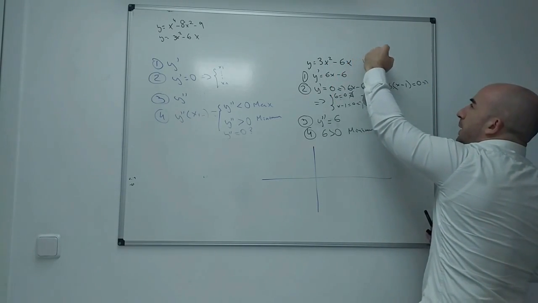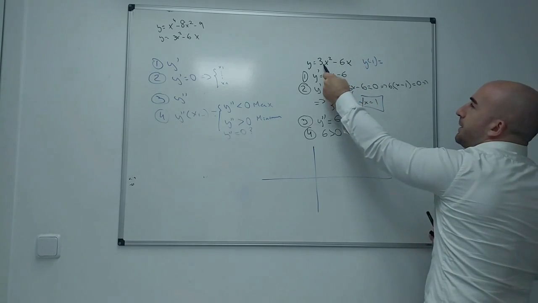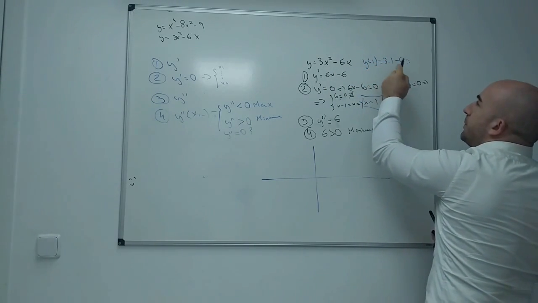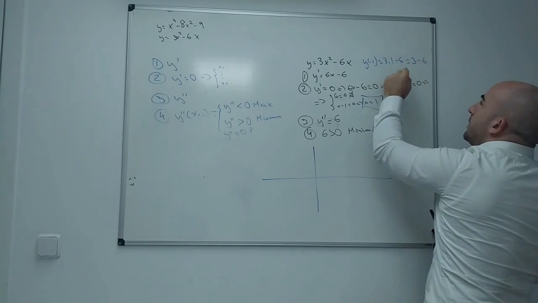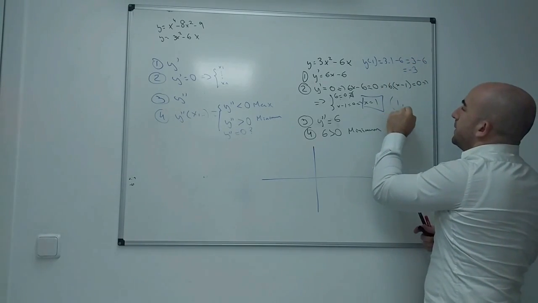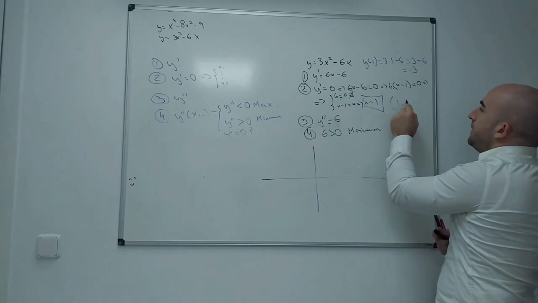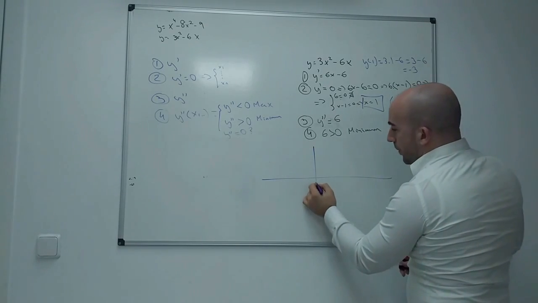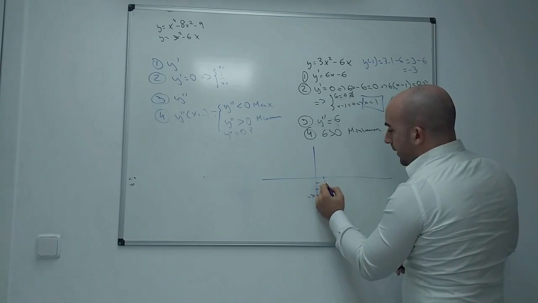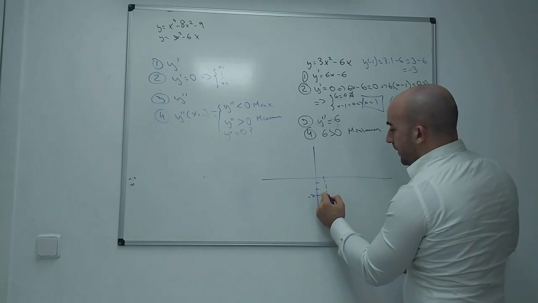So if we calculate the y there, it's 3 times 1 minus 6, which is 3 minus 6, which is minus 3. So this means that the minimum in this case is at 1, minus 3. So if we go here to minus 3 and here to 1, it means this is the minimum.